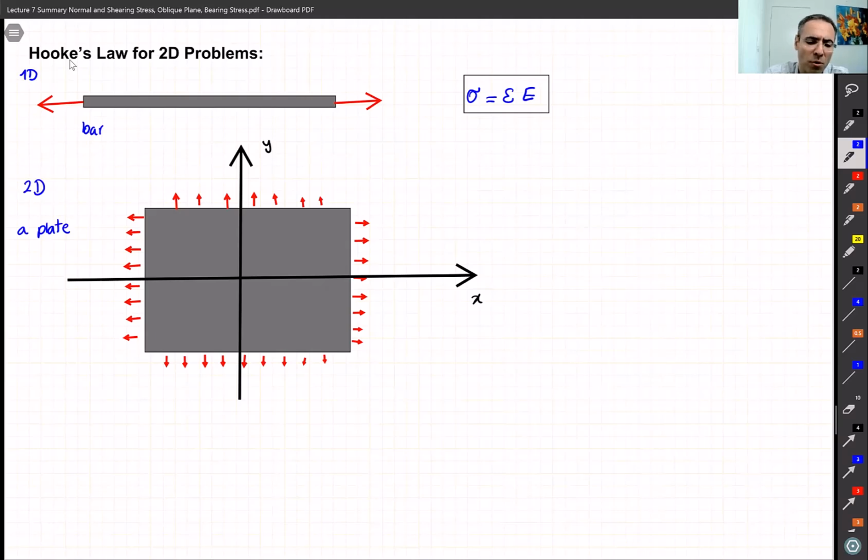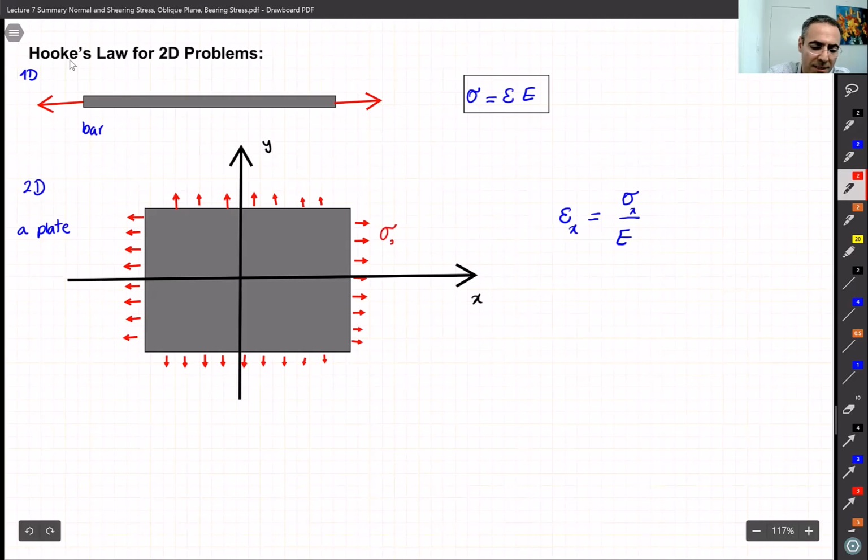We just use the formula. It says that epsilon X is equal to 1 over E, or let me write it down like that, sigma X over E. So this is sigma X, this one is sigma Y.